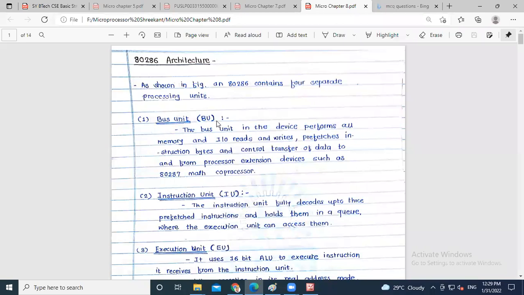So we are going to study the architecture of 80286, 80386, 80486, the series versions of 8086. These are some extra chips added to the 8086 microprocessor to solve almost all our problems. For example, nowadays your mobile is connected to many networks at a time. Almost all mobiles have dual SIM, most probably everyone is using dual SIM.